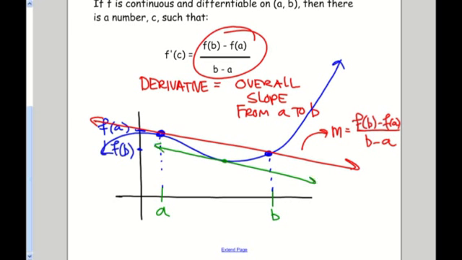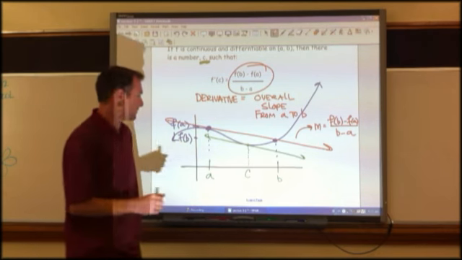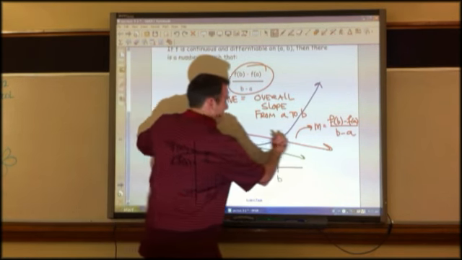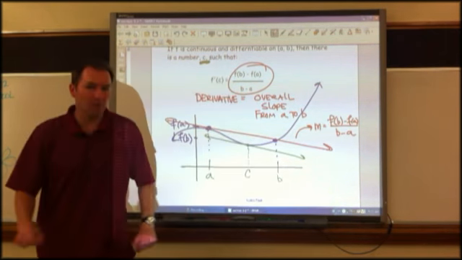Those two lines both have the same slope. This would be the point C that's referred to here, so that f prime of C is equal to that same slope. The slope of the tangent is the same as this overall slope going from point A to point B.